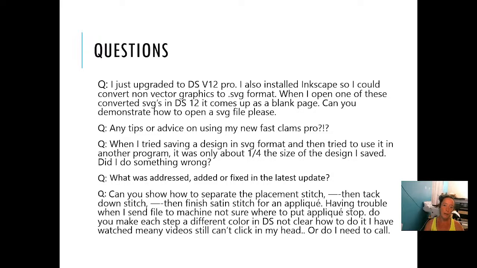It's just going to embed the picture in the file, and when you open the SVG in DesignShop, there's no vectors in there, so it's going to open up as a blank. So it's got to be converted. It's got to be traced somehow.